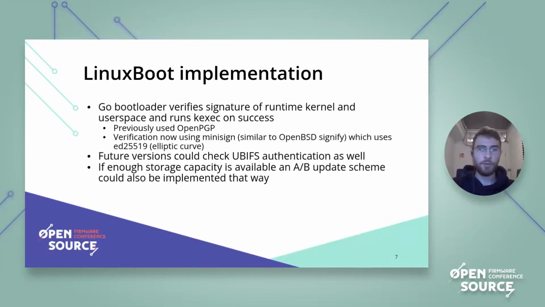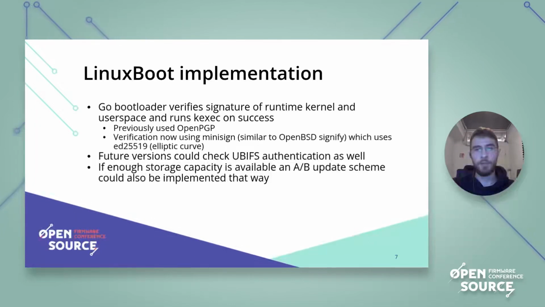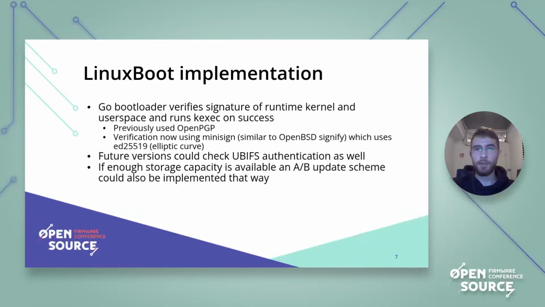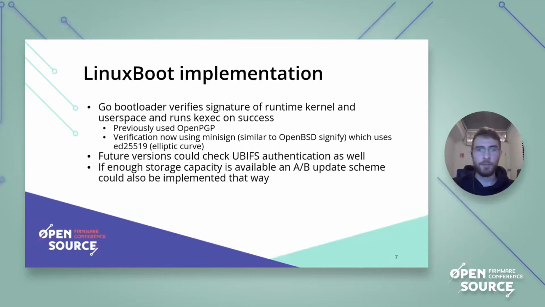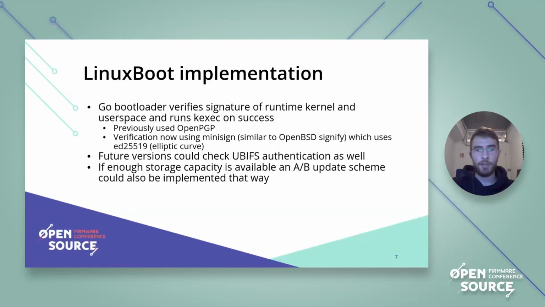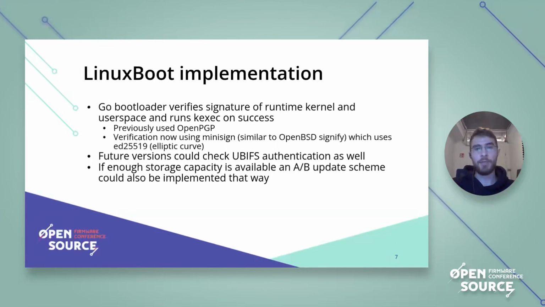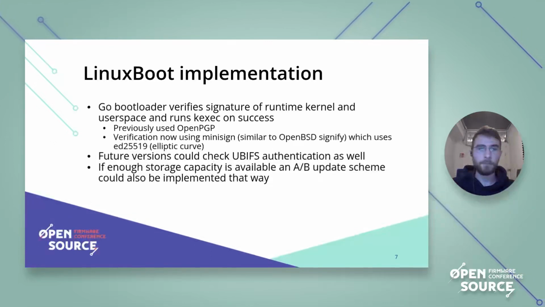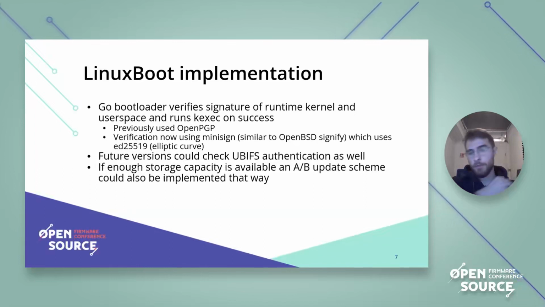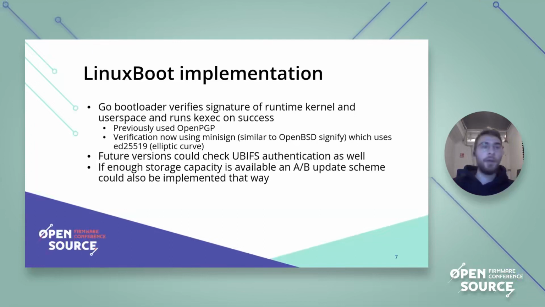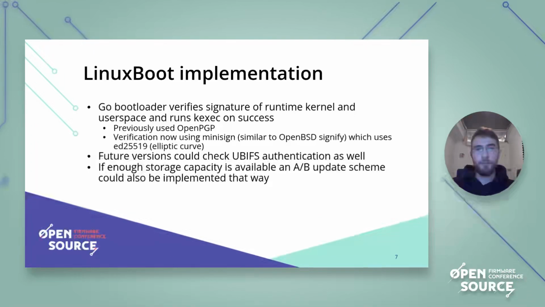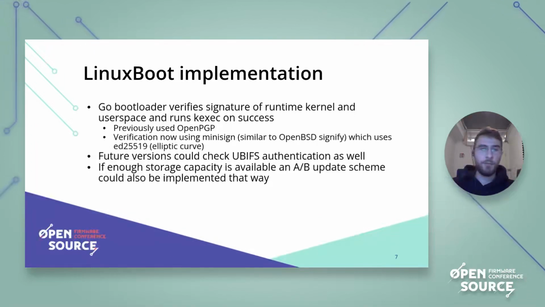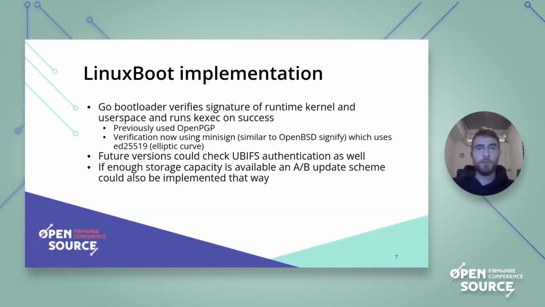Future versions could also check UBIFS authentication as well. This is a kernel feature that has been added rather late, I think, and because most of our systems use SPI flashes that can use UBIFS, we can use that kernel feature as well. And if UBMC isn't really storage constrained, and if the storage capacity of your BMC is all right, then you can also go for an A/B update scheme that we plan to implement.